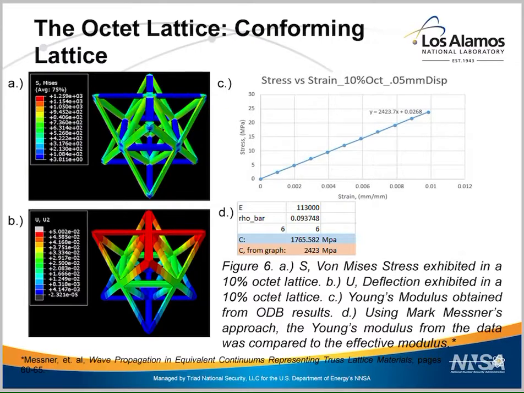In addition, to comply with demonstrating a continuum model, TET elements were used to create the mesh. In Figure 6c, a stress versus strain curve was extracted from the data gathered from the ODB field output. As you can see, this data is representative of the linear elastic regime for this particular octet unit lattice cell.